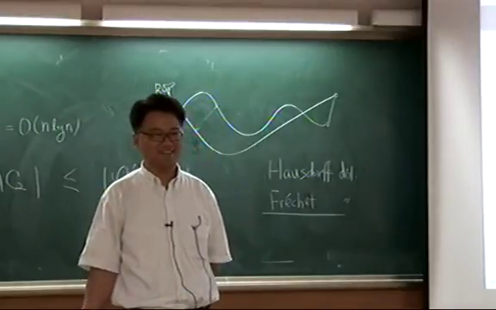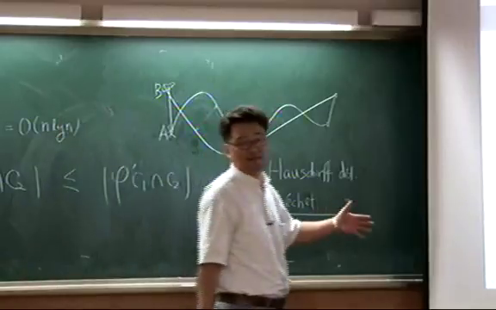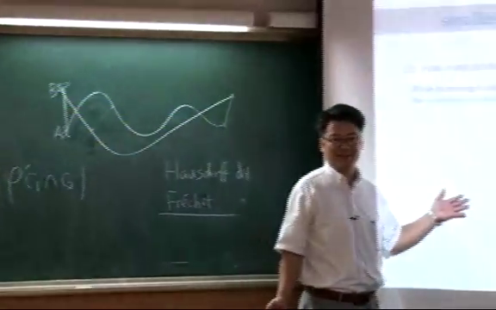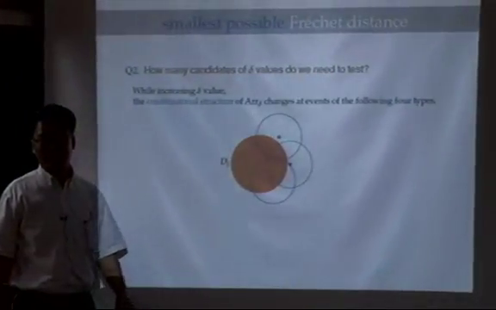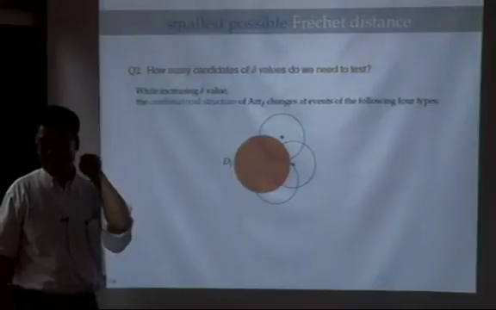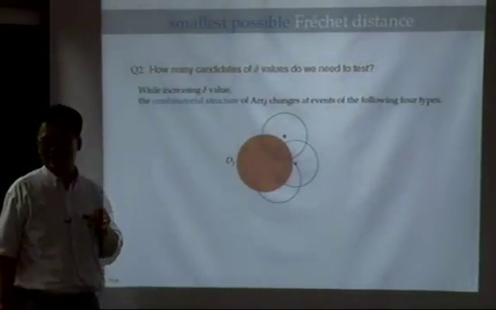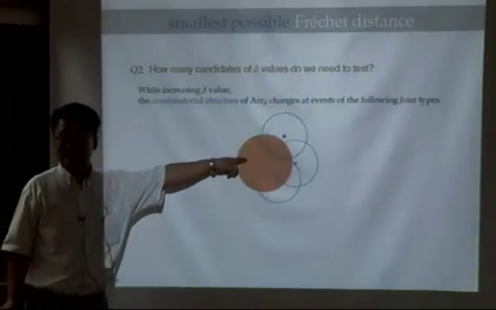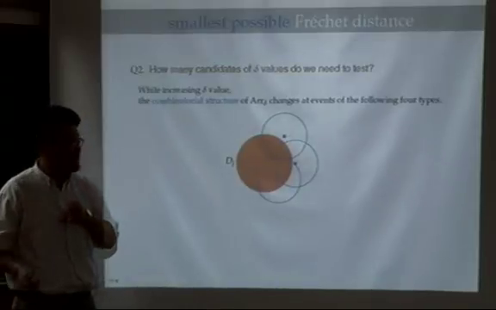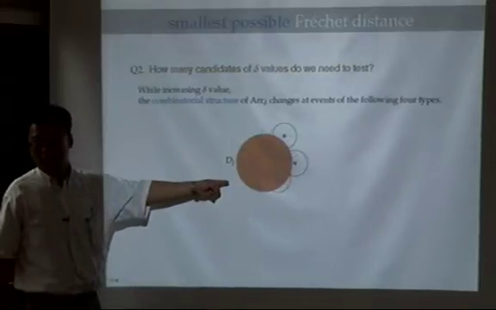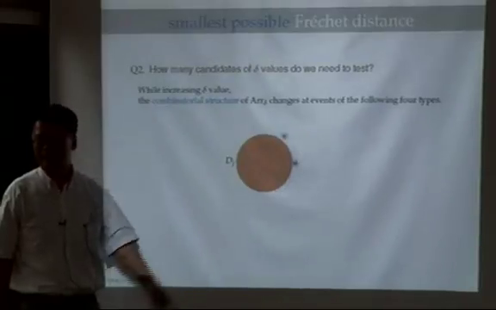So how many candidate values of delta do we have in that case? Well, three blue disks coincide, right? So we choose 3 points from the human path, and then we have a specific delta value. Once you select 3 vertices, you know what the delta value must be.